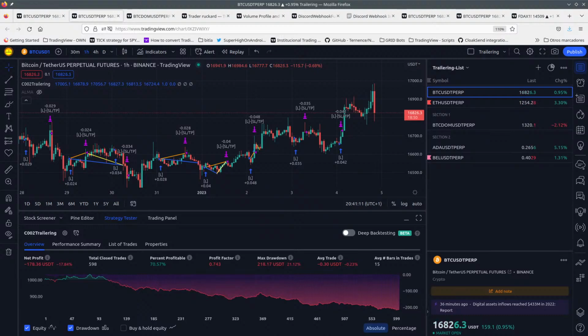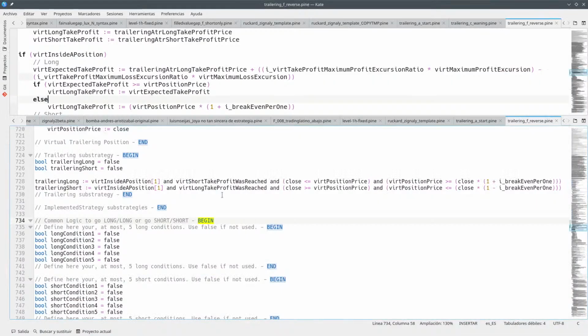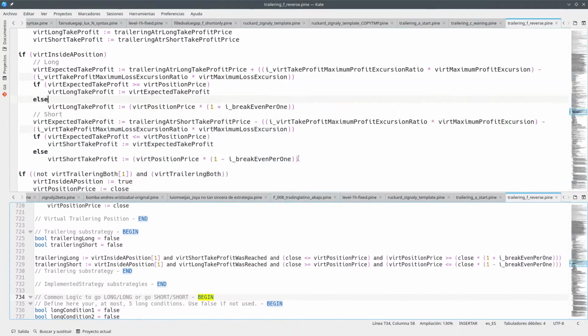Oh, look at that. It has not broken out here. I think we need a new variable so that the take profit part is done with that variable, so that we can change everything.